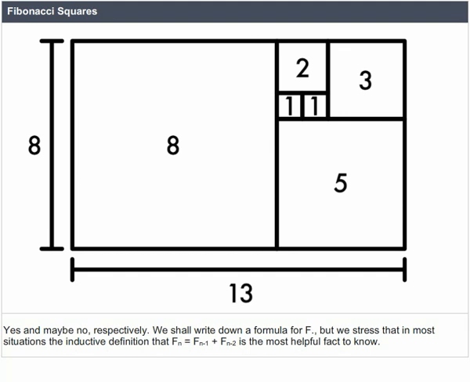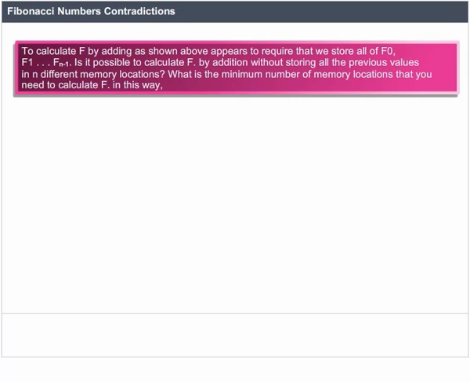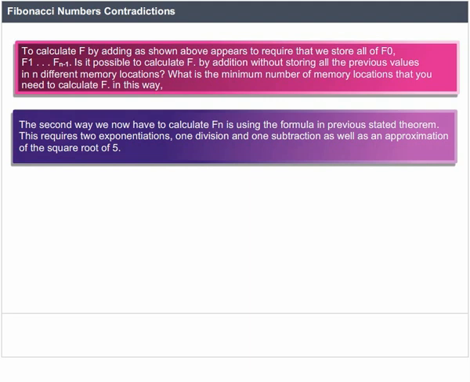Fibonacci numbers contradictions. To calculate Fn by adding as shown above appears to require that we store all of F0, F1, etc. up to Fn-1. Is it possible to calculate Fn by addition without storing all previous values in n different memory locations? What is the minimum number of memory locations that you need to calculate Fn in this way? The second way we know how to calculate Fn is using the formula in the previously stated theorem.